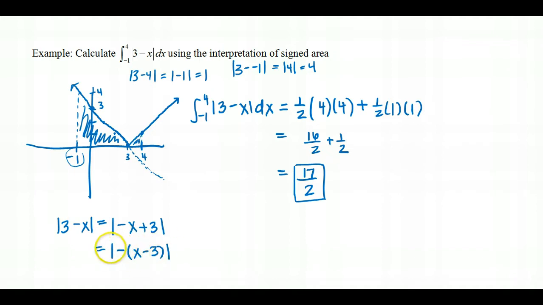And then the absolute value bar would do away with this negative here, so I'd end up with just the absolute value of x minus 3, which is the absolute value function shifted right 3 units. So that's another way to graph this function, if you didn't want to graph it the way I did, by just first drawing the line 3 minus x and then making anything below the x-axis a reflection over the x-axis and making it positive. So entirely up to you if you want to think about it as translations first.